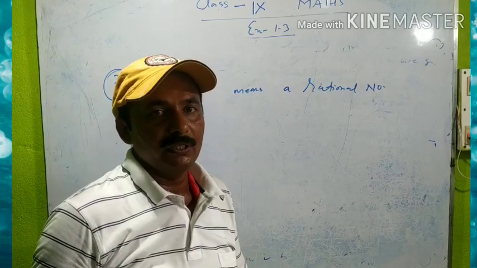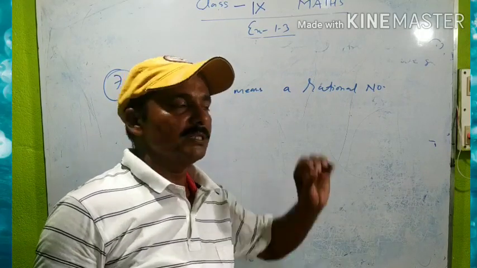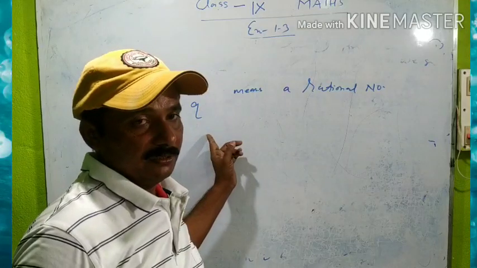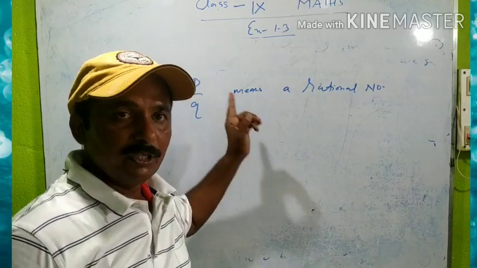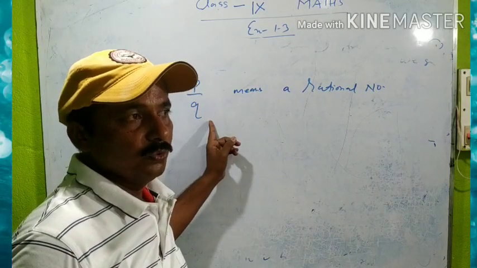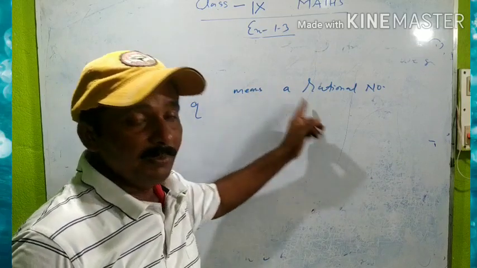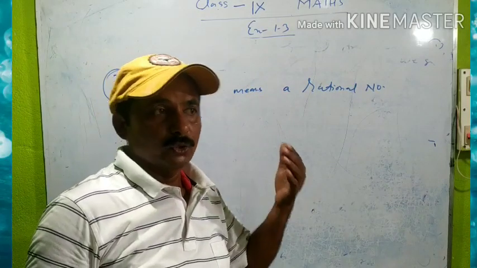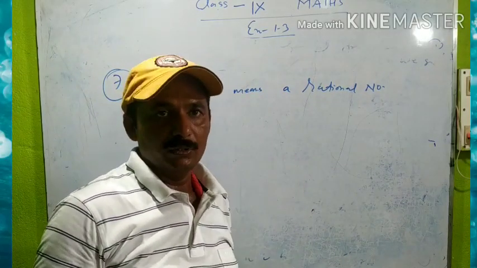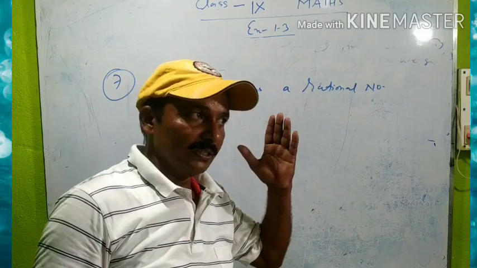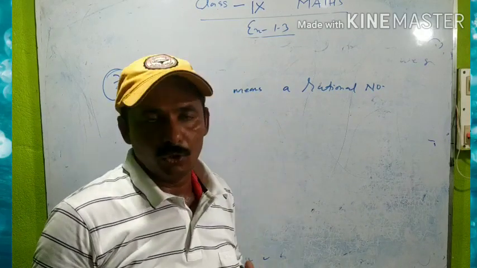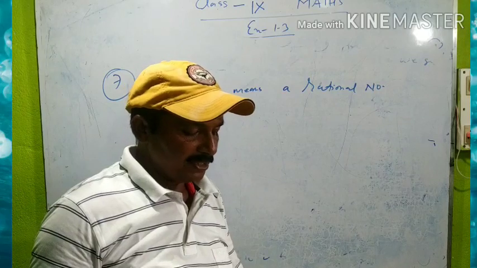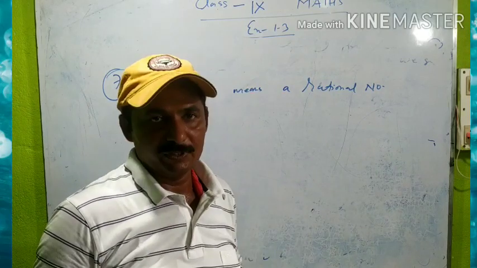What property of Q? Q means the denominator. What property of the denominator will let us be sure its decimal expansion will be a terminating decimal expansion?